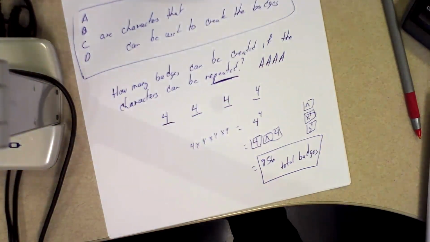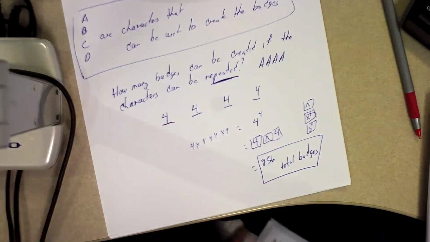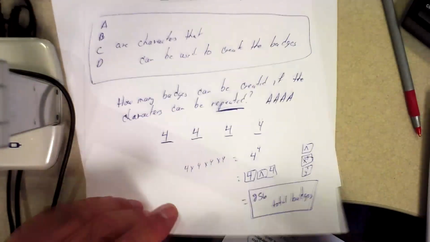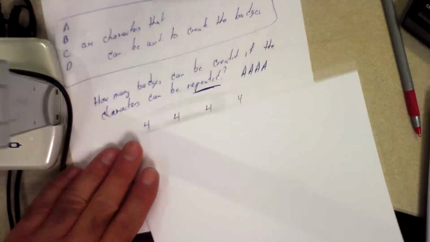Now, if we do the same problem, but it says that we cannot repeat. You cannot repeat the same letter, so I cannot choose AAA as one of my choices. I can't use those. How do I do it? Well, same thing, kind of. You have 4.